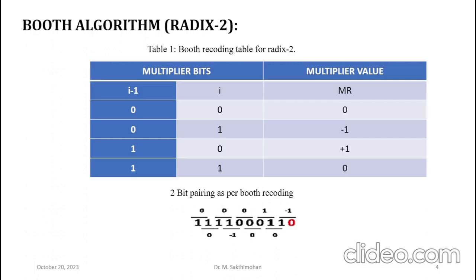The first group of bits is 0 1. If it is 0 1, what will be the multiplier value? It is minus 1, so I mention minus 1 on top of the 0 1 group. The next group is 1 1, and 1 1 gives the multiplier value 0, so I mention 0 under 1 1. Likewise you have to reduce the actual multiplier bits with the help of the Radix 2 Booth algorithm. I hope you understand.